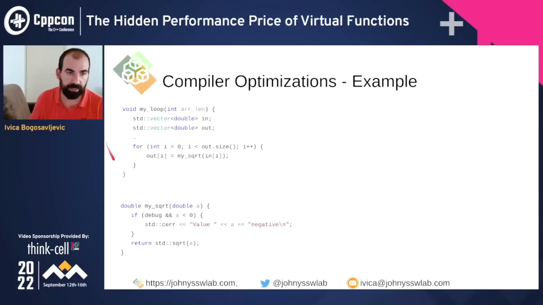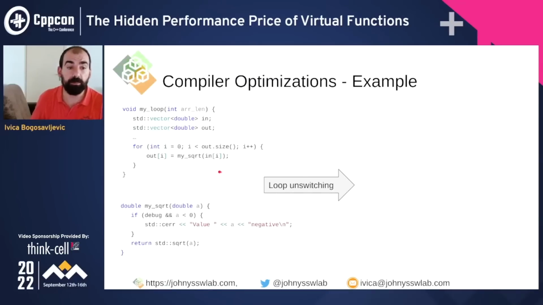Now this is my loop, and it iterates over the in and out vectors: out of i equals mySQRT of in of i. So imagine this is not inlined. For each element of in there is a call to mySQRT.